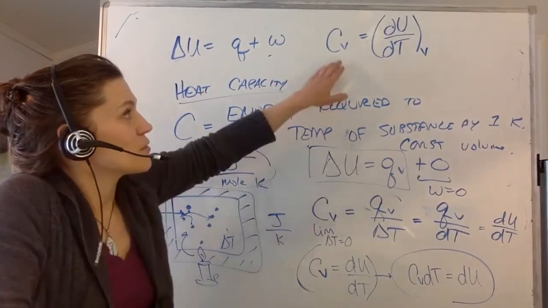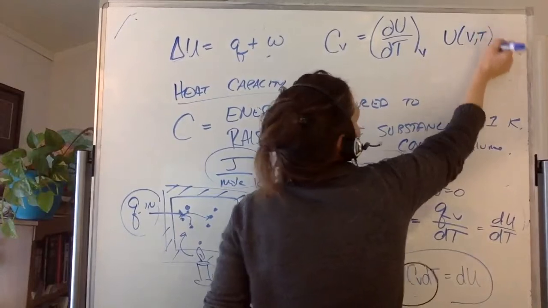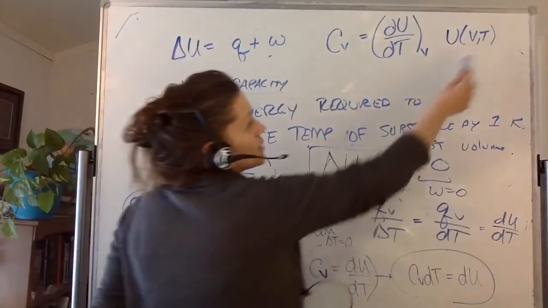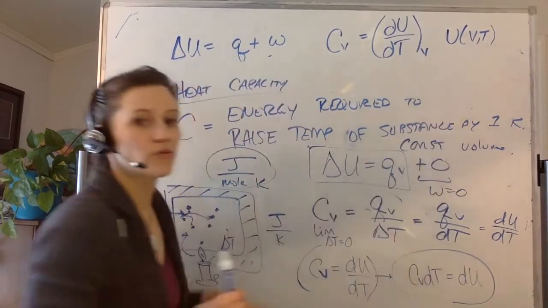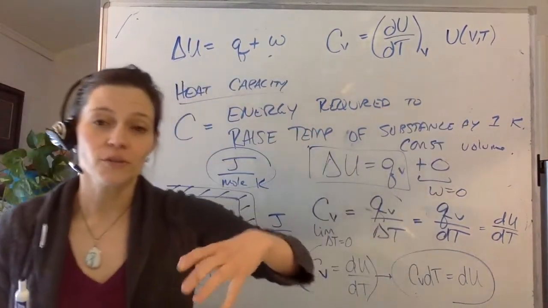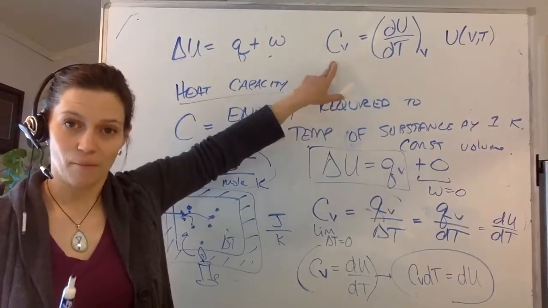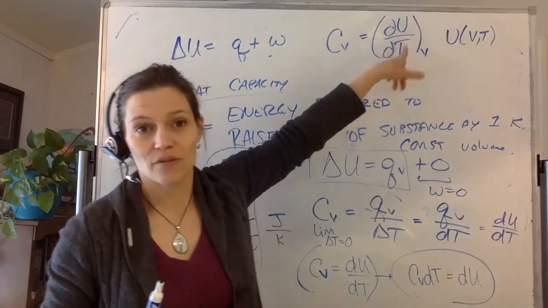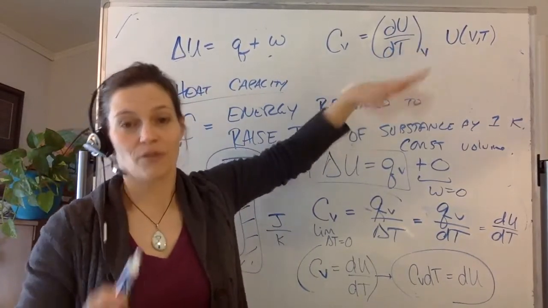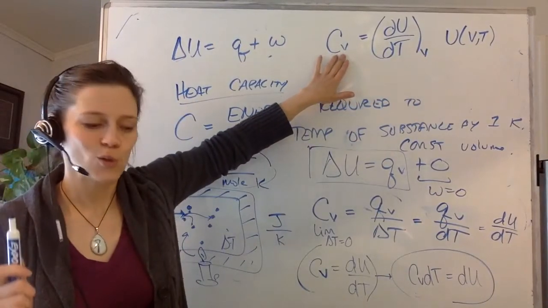So U is actually a function of V and T. Because I've got volume constant, now I can just take the derivative with respect to temperature. That partial derivative of U with respect to temperature is my heat capacity. That's a number. You've learned what this function is, you take the derivative of it with respect to temperature, you plug in the numbers for all the parameters, and you get your value. So cool.